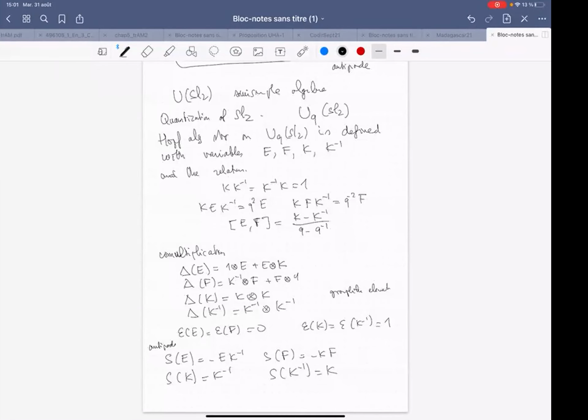How do you obtain the relations, the multiplication in this case? The question is more or less whether there is a procedure to deform. For quantum groups, there is no procedure to deform.